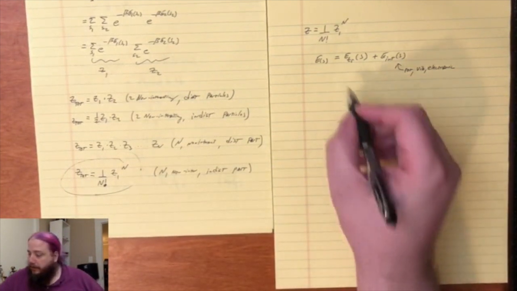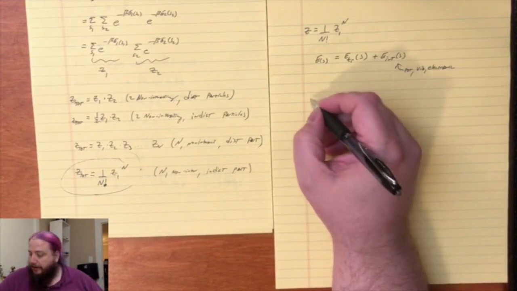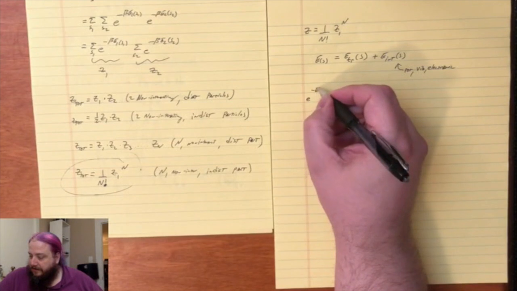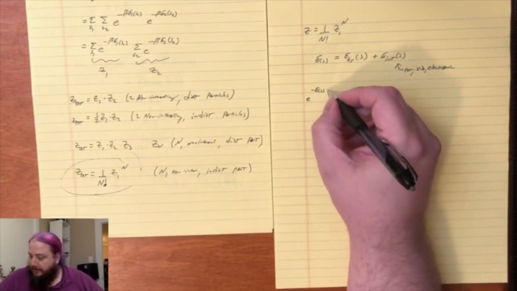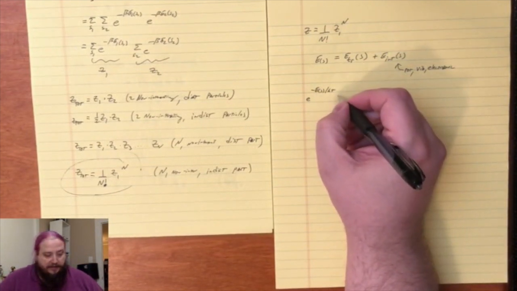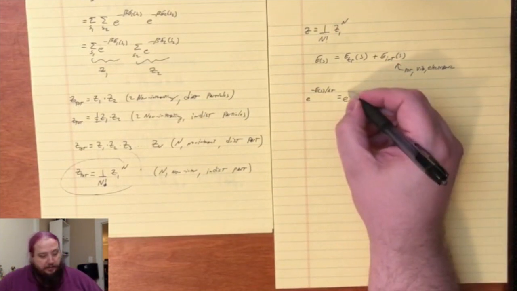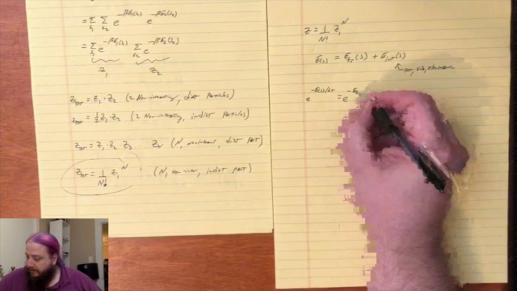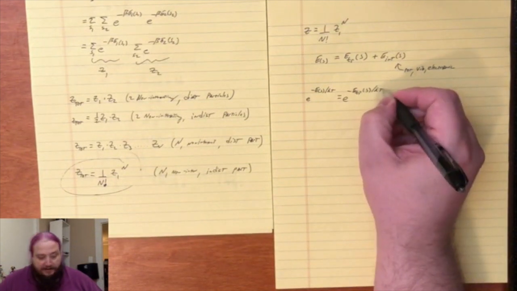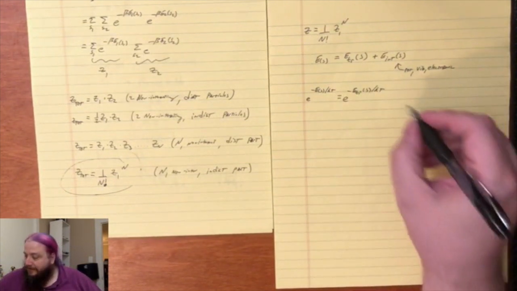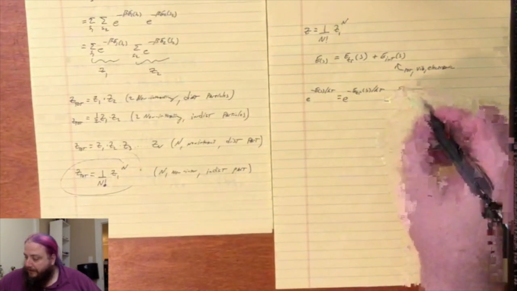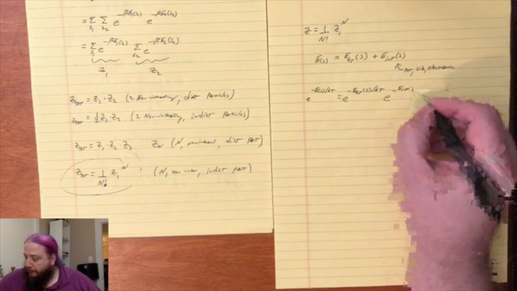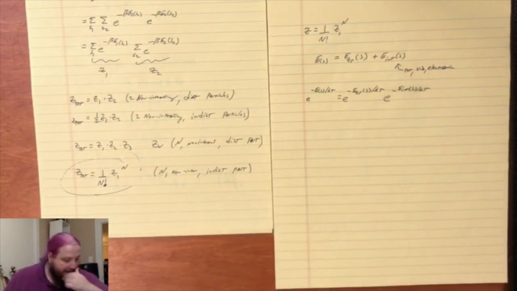And so when we build our Boltzmann factors, e to the minus E of the state over kT, that's going to be e to the minus translational energy of our state over kT, times e to the minus internal energy of our state over kT.